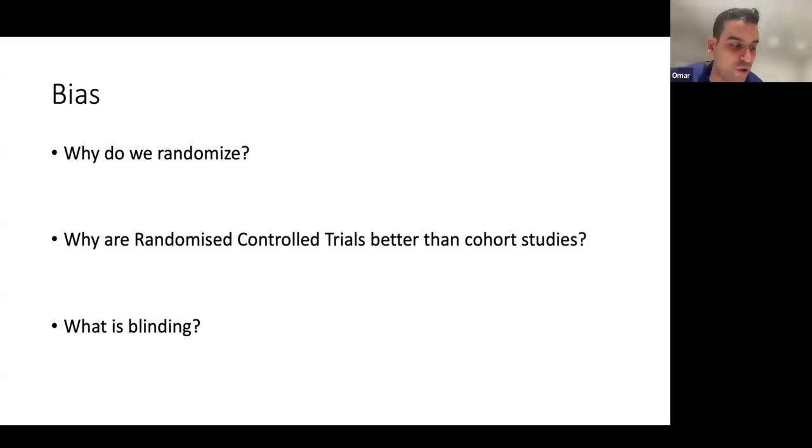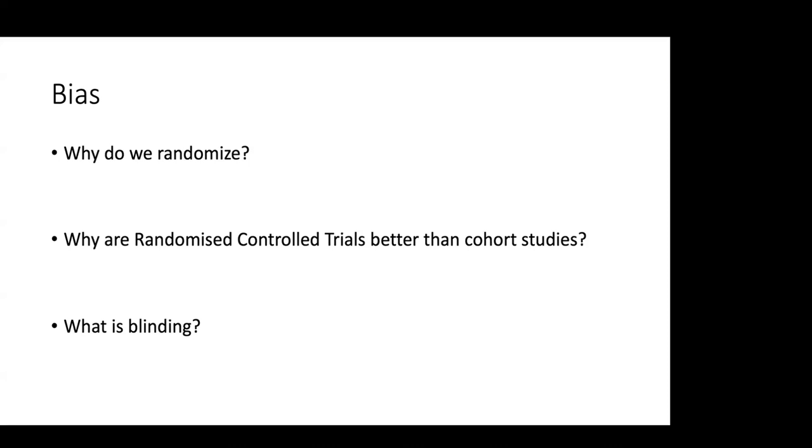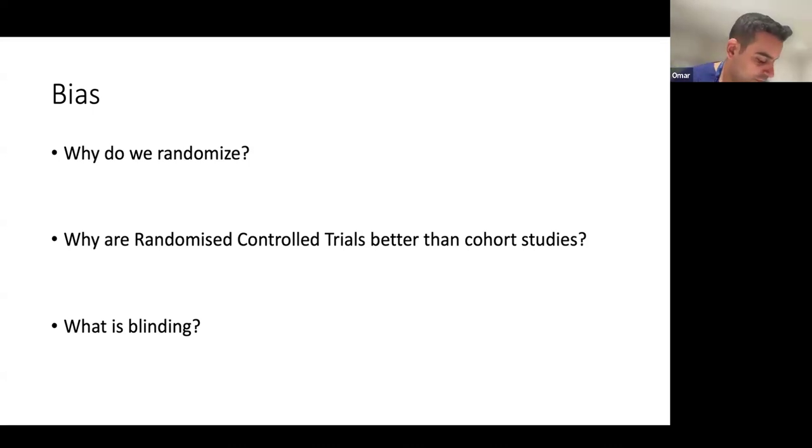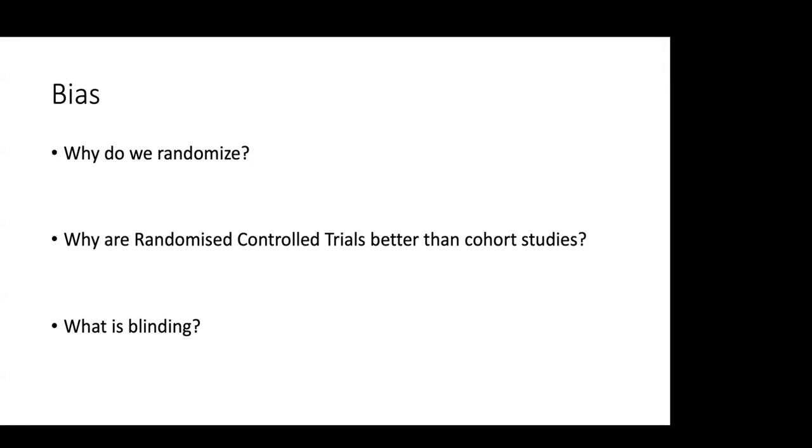Before you give your answer, imagine that this is the FRCS. You're not going to say, "I think it is." I want you to be confident, even if you're wrong. So, let's treat it like a viva. Okay. So it's concealment of the patient allocation to the assessor and possibly the patient. It can be single blinding or double blinding. Single blinding is the concealment at the level of the patient alone. Double blinded is the concealment at the level of the patient as well as the assessor.